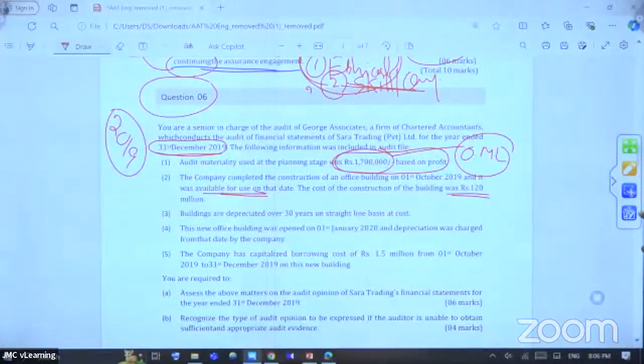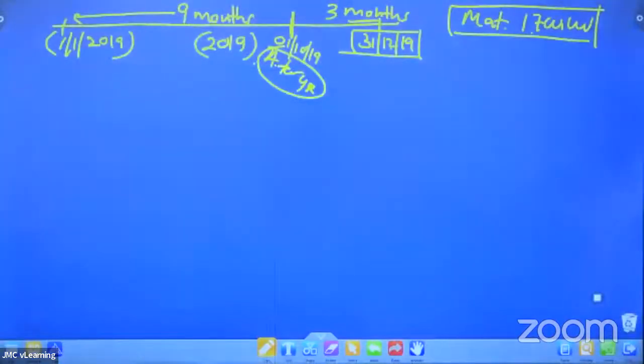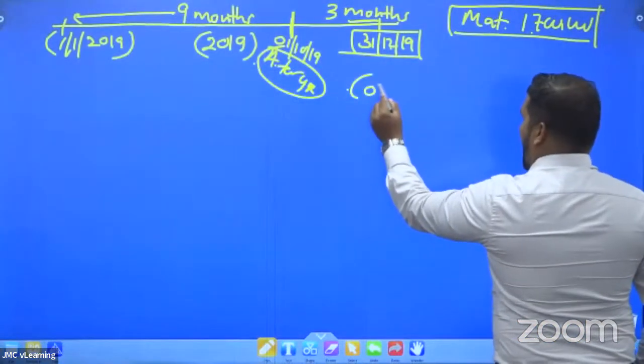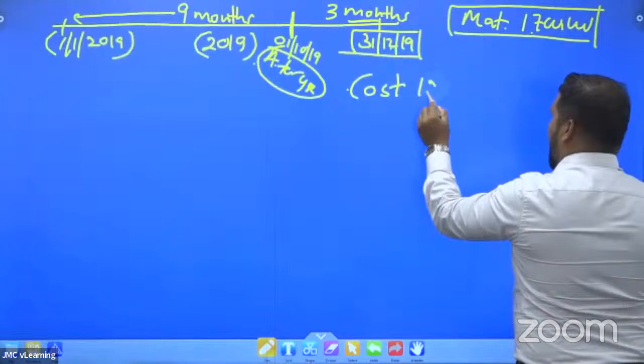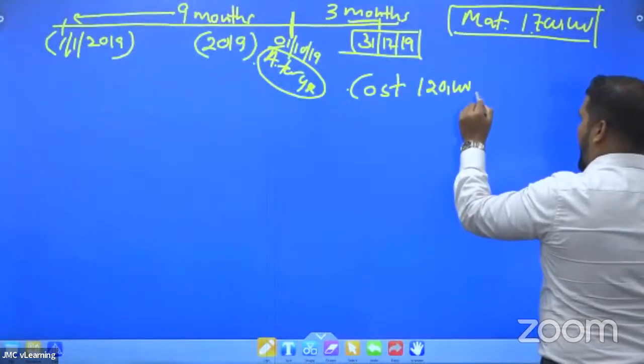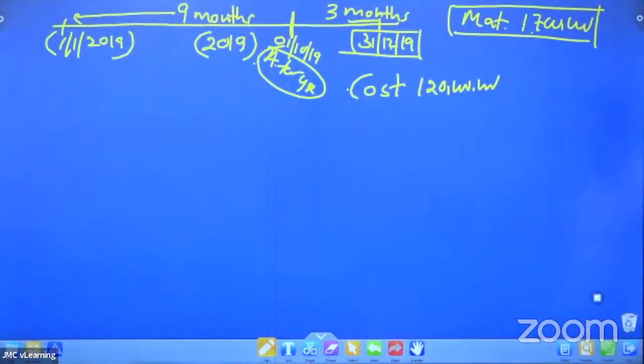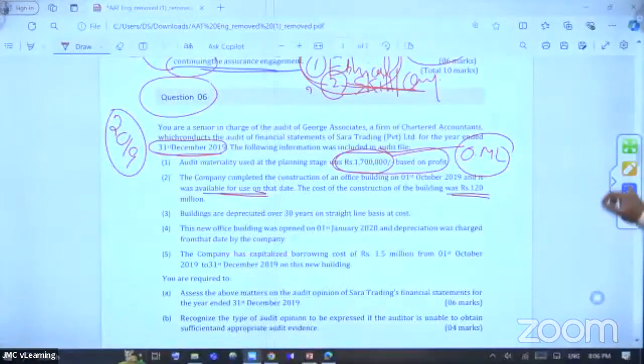The cost of the construction of the building was 120 million. So when you get a question like this, you need to analyze the question very deeply. The building is depreciated over 30 years on a straight line basis at cost.